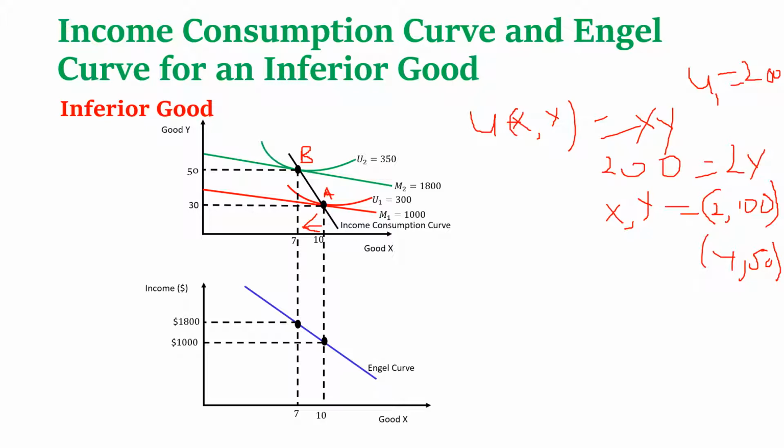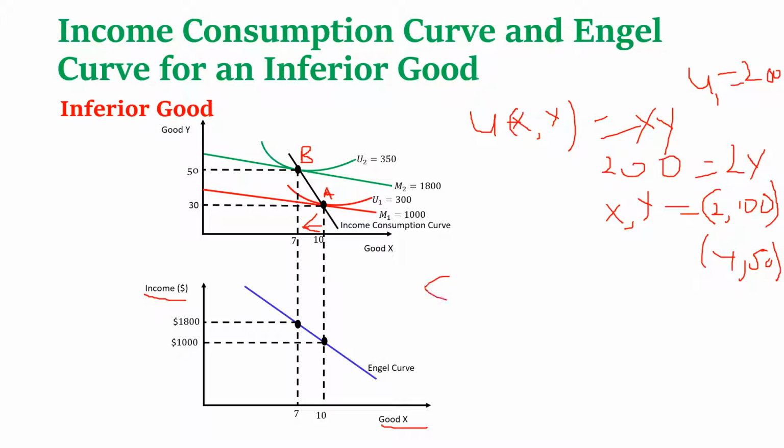Now you notice that this Engel curve shows the relationship between the income of the consumer and the quantity of the good consumed. So here the consumer is only going to spend on good X. Now good X is the inferior good.